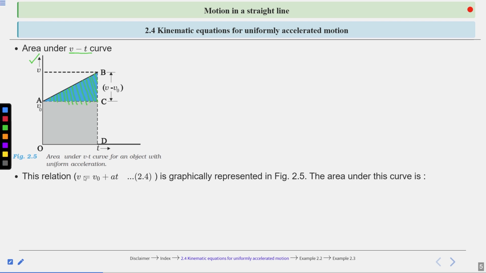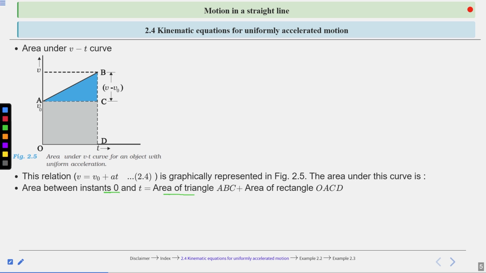This relation v is equal to v naught plus at from equation 2.4 is graphically represented in figure 2.5. The area under this curve is this one. The area between instants 0 and t is equal to the area of the triangle plus the area of the rectangle OACD.